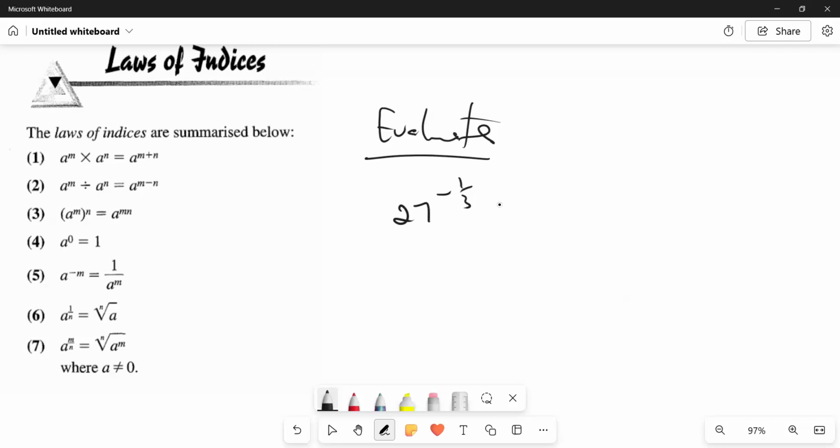So you want to think of 27 as 3 to the third power, which equals, well, this 3 by that 1/3, you get 3 to the minus 1, right? The minus 1 comes from multiplying 3 by minus 1/3, which is 1 over 3.